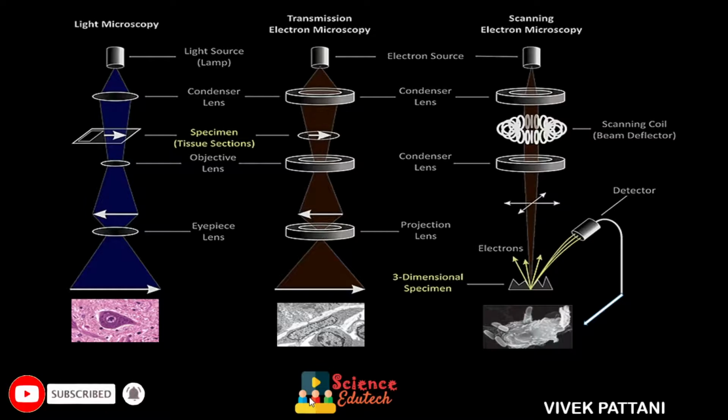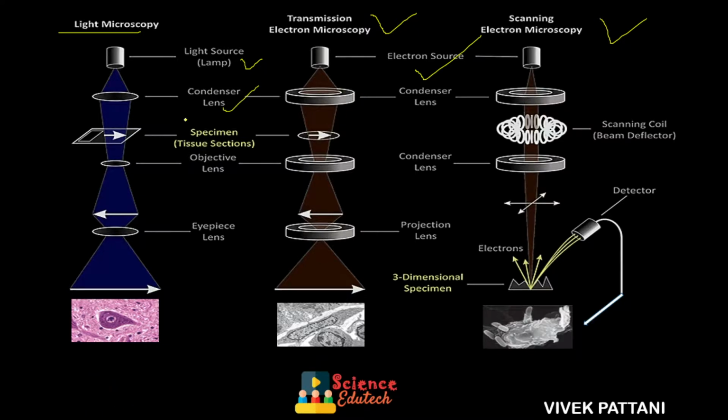Here you can clearly see the light microscope, the TEM, transmission electron microscope, and the scanning electron microscope, and the differences. A light source is used in light microscopy, and an electron source in electron microscopy. Next comes the condenser lens; in the scanning and transmission microscopes these are special types.